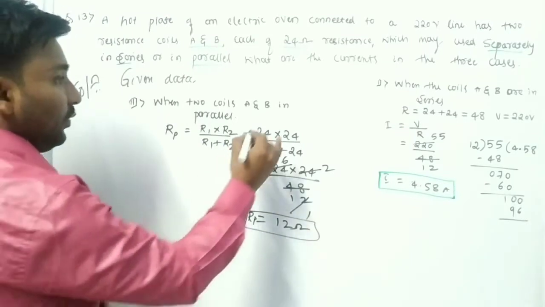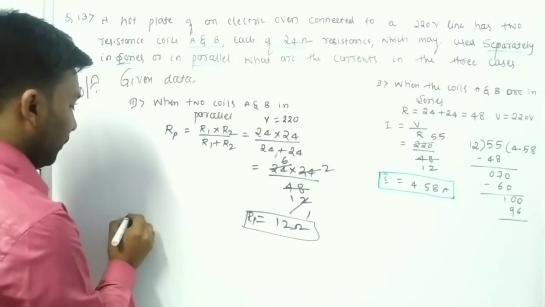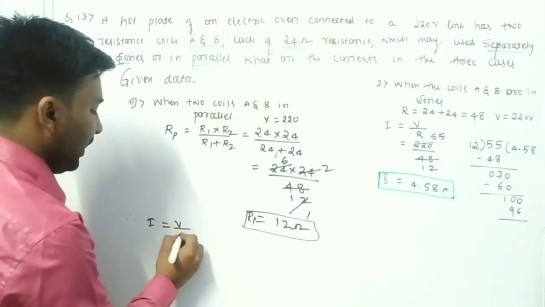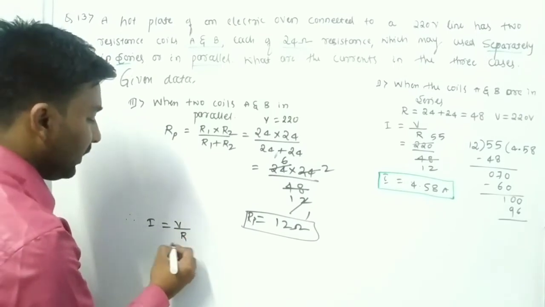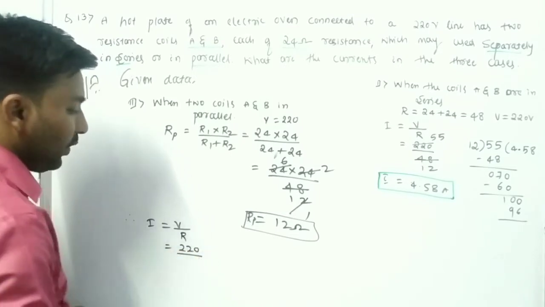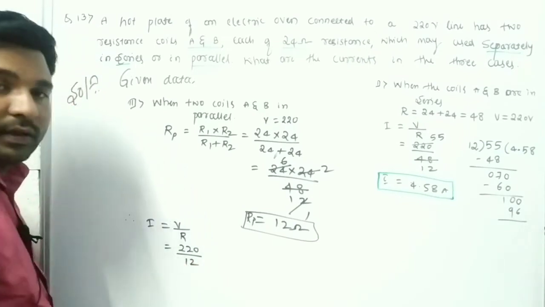Now what is the voltage? The voltage is 220. Therefore the current is equal to V divided by R. V is 220, and the resistance we got is 12.